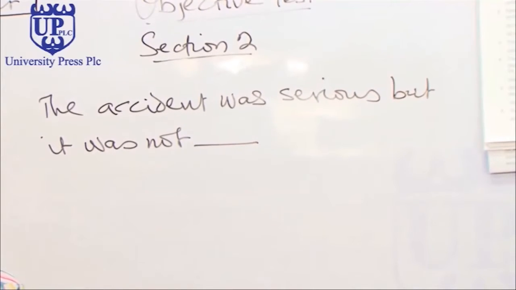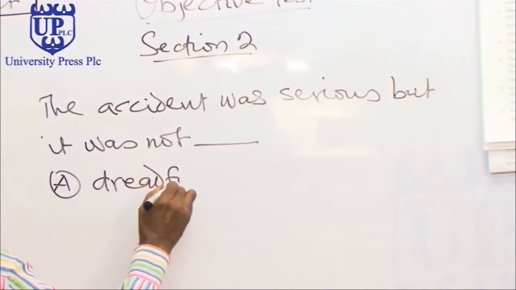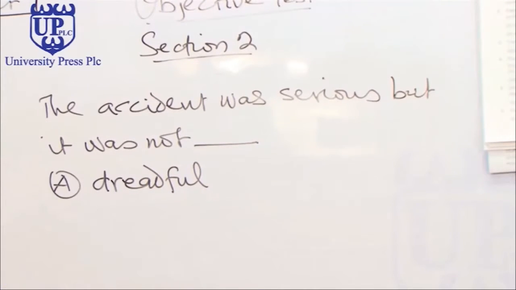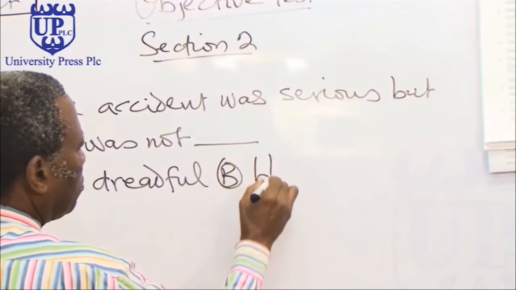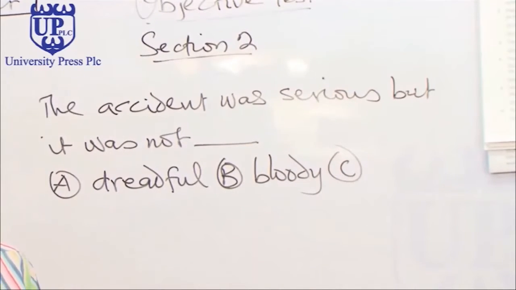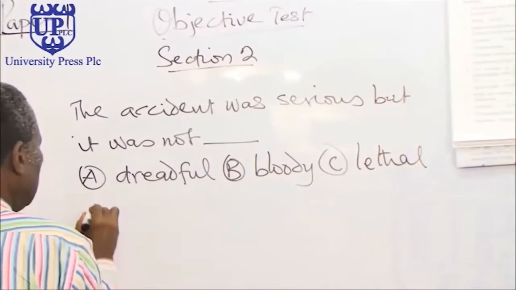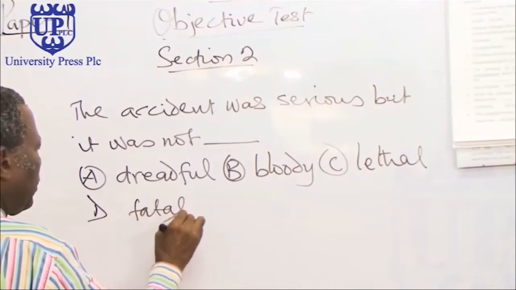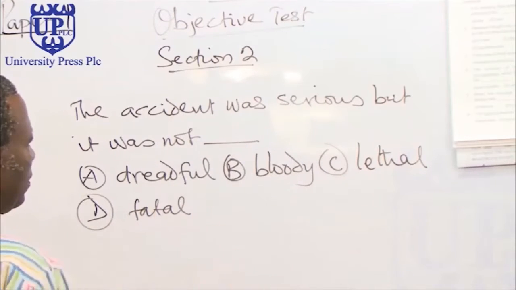And you are given the options: A, dreadful, B, bloody, C, lethal, D, fatal. You have to choose the one that's appropriate.